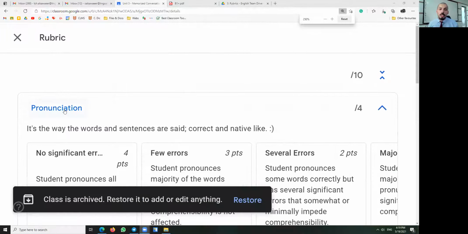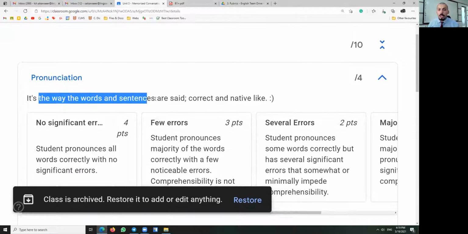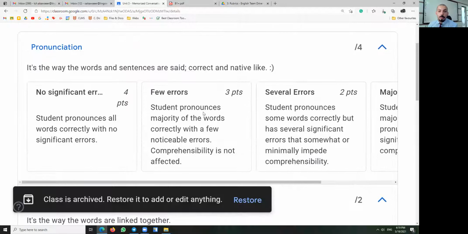The first criteria we have is pronunciation. What is pronunciation? It's the way the words and sentences are said, correct or native. For you to take a full mark in this criteria, you need to say the words and the sentences correctly. When it comes to pronunciation, we have 4 levels.